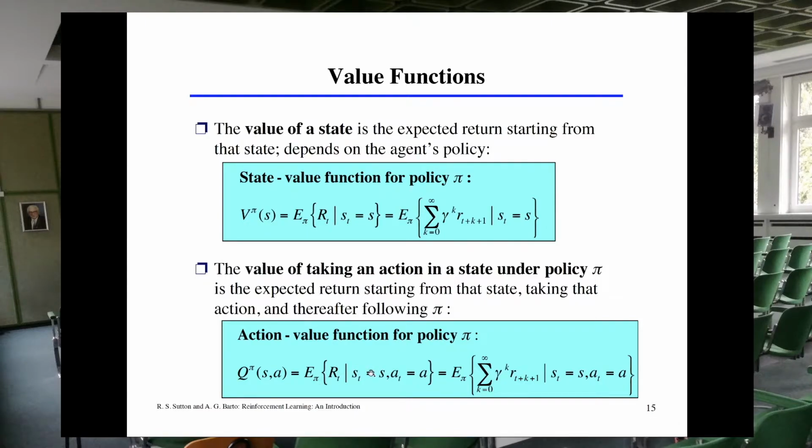In the same way that in the state value function you will consider the current state, but also in this case you will consider that the action that you are performing in that state is action A. So it's very similar to the definition of the state value. So this is the action value. We usually refer to that as q, the q values, and v values as the state value.